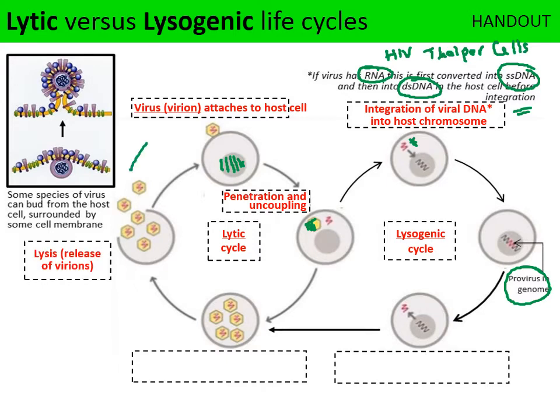We know the release of new virus particles, normally if it's the lytic life cycle, results in death of the host cell or destruction of the host cell. We know synthesis of new virus particles involves the host cell machinery, things like the ribosomes in the cytoplasm of the host cell, where translation of the viral messenger RNA does take place.